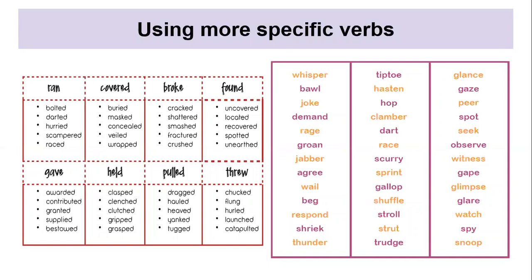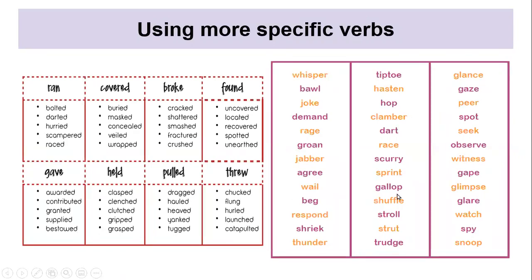On this slide, you've got lots of different examples of better verbs that you can use. So instead of ran, we've got bolted, darted, hurried, scampered, raced. So we've got a lovely table here with lots of different improved verbs that you could use that add more detail and more depth to your writing.